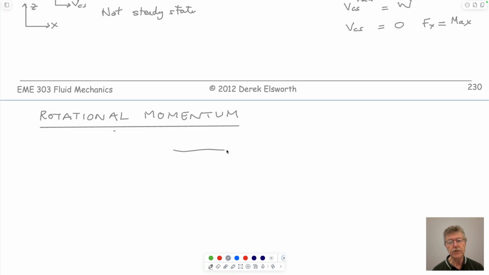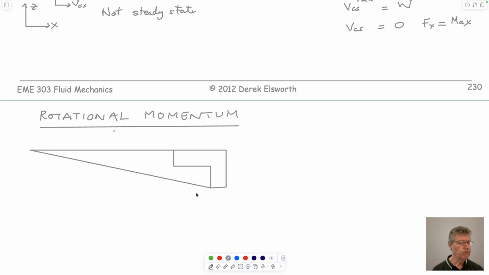I'm going to draw a vane that we've had before, except slightly different. I'm going to extend that vane into the page. I'm going to have watercolor. I'm not using very many colors today.